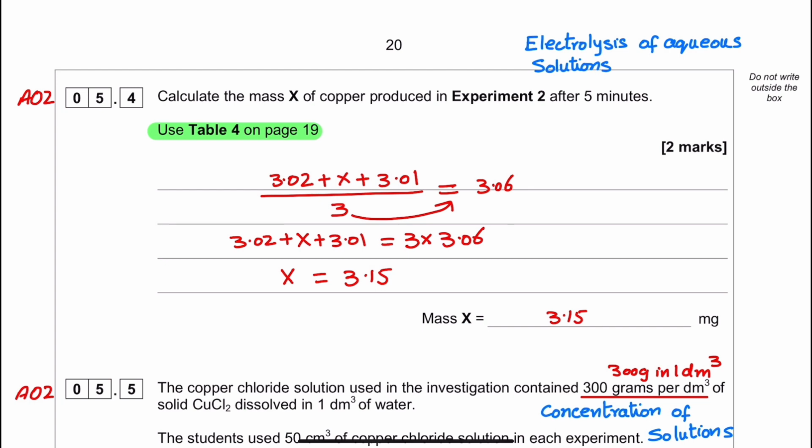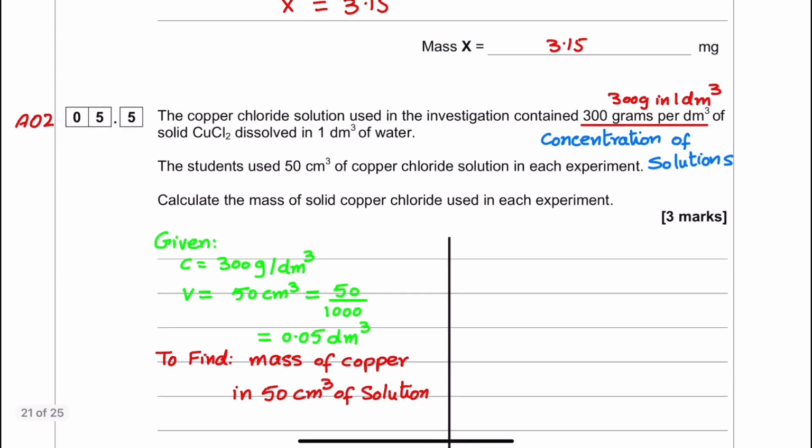Question 5.5 is an AO2 question. The copper chloride solution used in the investigation contained 300 grams of solid CuCl2 dissolved in 1 dm cube of water.